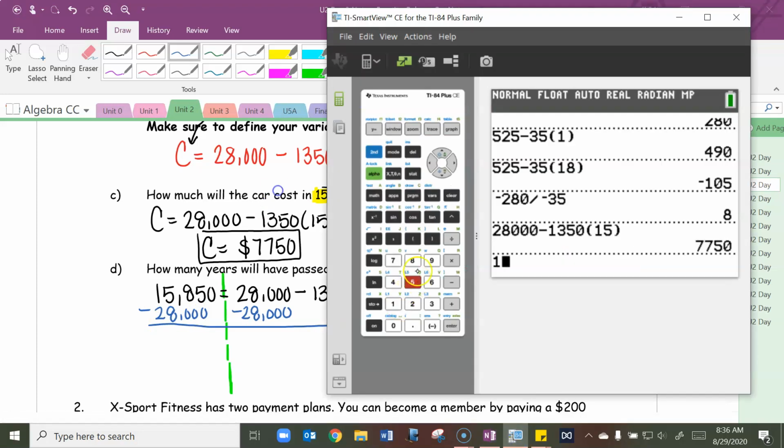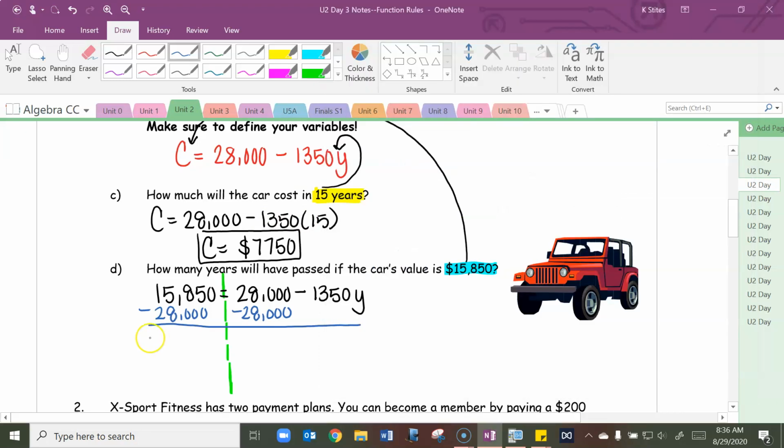And we have 15,850 minus 28,000. That's negative 12,150 equals, make sure you bring down your negative. Then we're going to divide by our negative 13.50 on both sides.